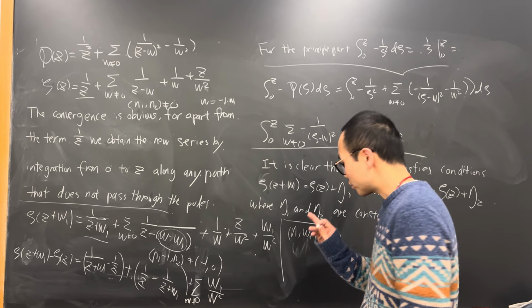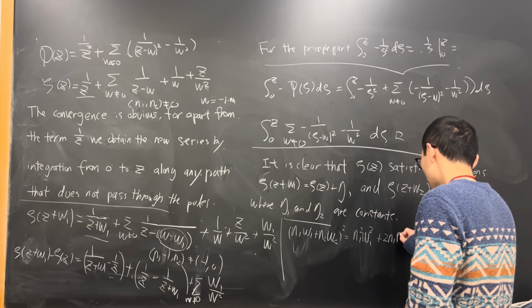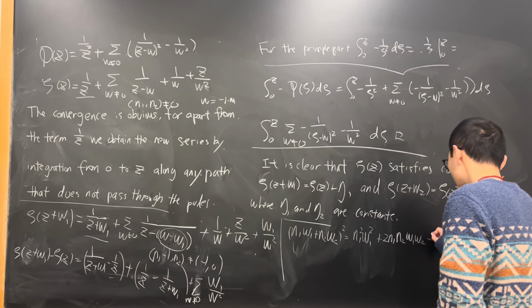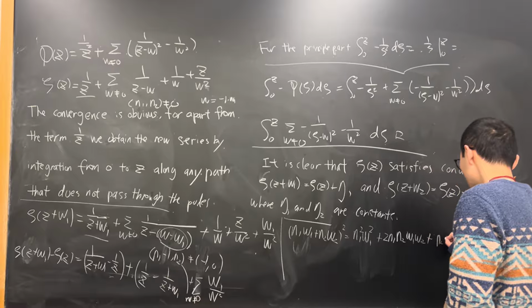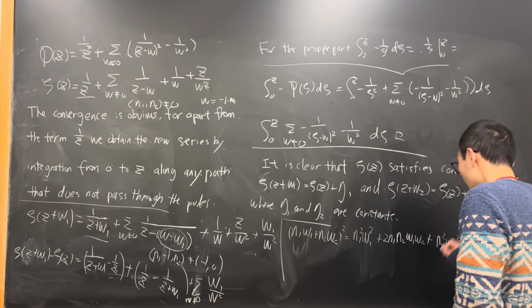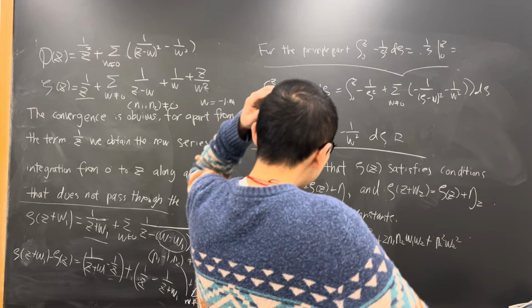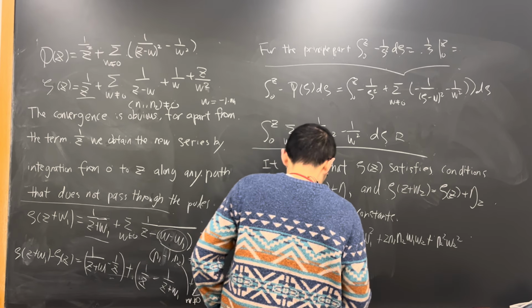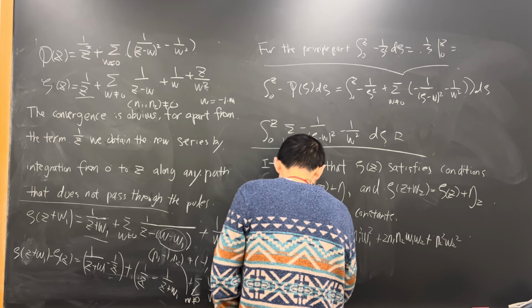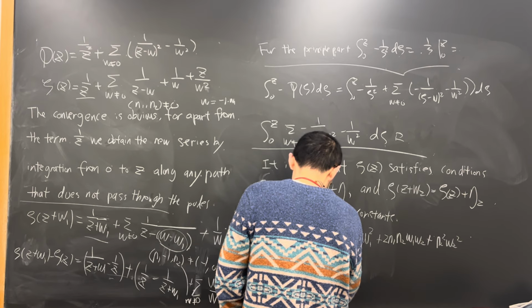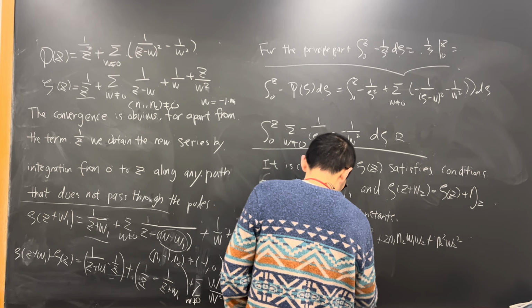Okay, so if we have n1 omega 1 minus n2 omega 2, let's see what happens.